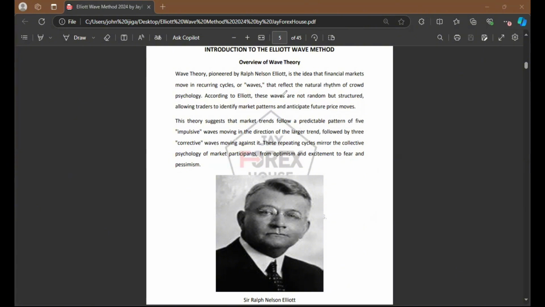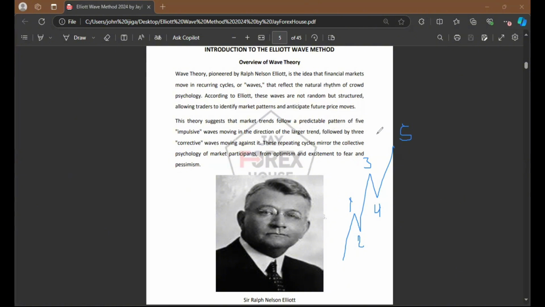So the theory suggests that the market flows in a predictable pattern of 5 impulsive waves. This is where we have wave 1, 2, 3, 4, and 5. On episode 2, we will be breaking down what this means.